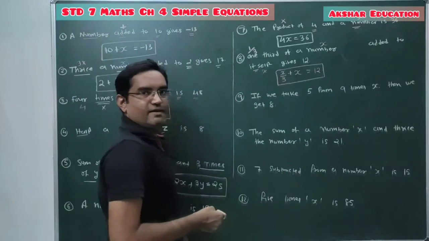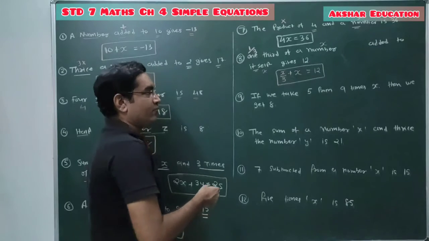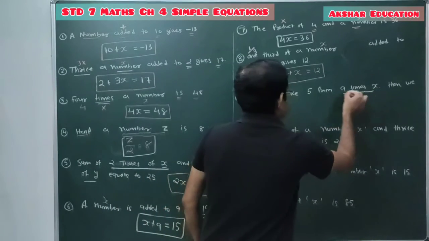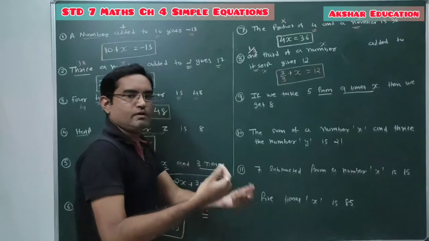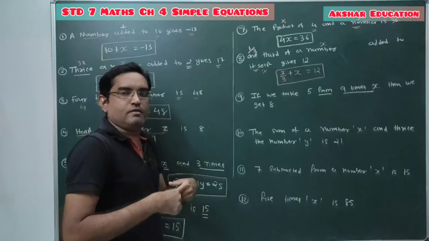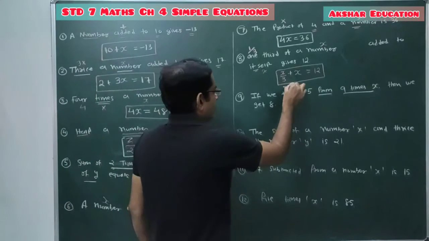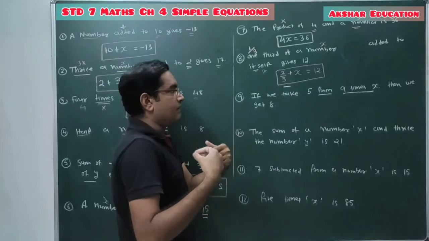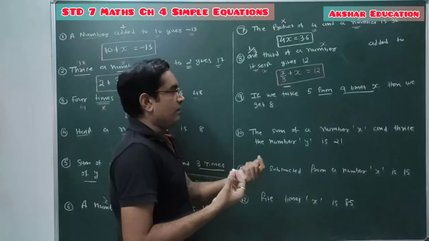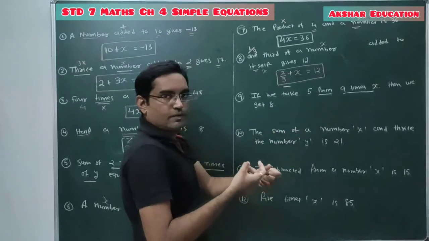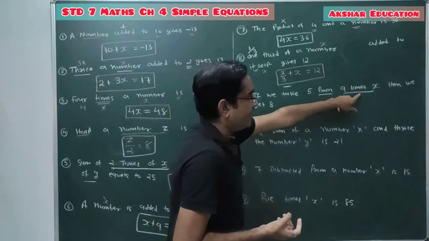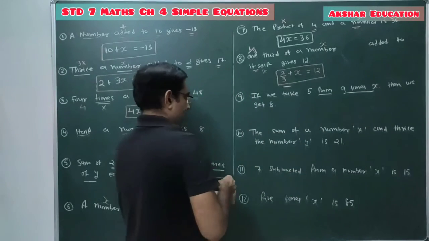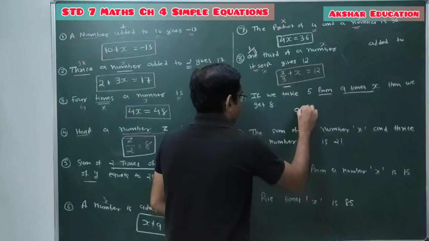Now if we take 5 from 9 times of x, take मतलब उसमें से निकालना मतलब सब्ट्रैक्शन है ना. So taking out something means we have to perform subtraction. So you have to subtract 5 from 9 times of x.